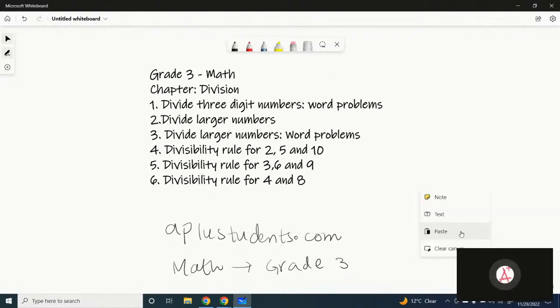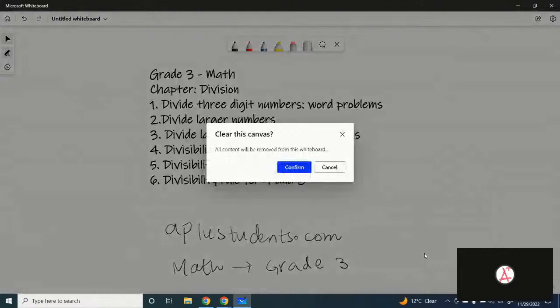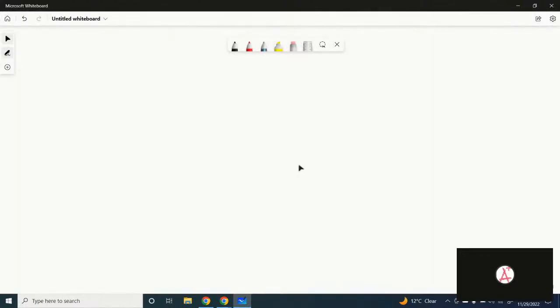Divide three digit numbers, word problems. Okay, then the lesson name is divide three digit numbers, word problems.